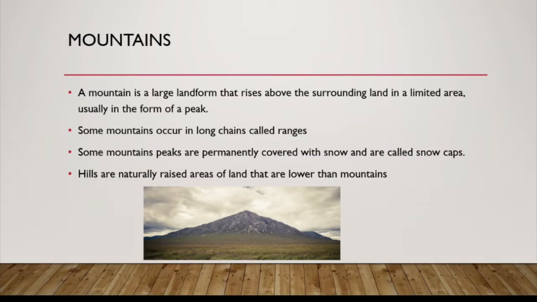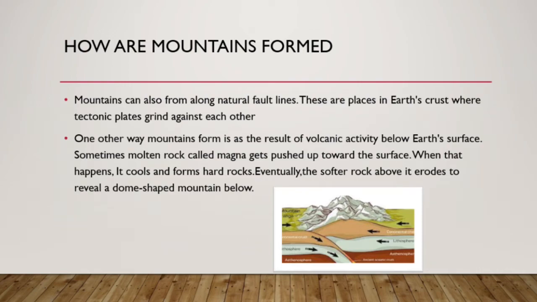So how are mountains formed? Here there is an image which shows how mountains are formed. Mountains can form along natural fault lines. These are the places in the Earth's crust where tectonic plates grind against each other. One other way mountains form is as a result of volcanic activity below the Earth's surface.